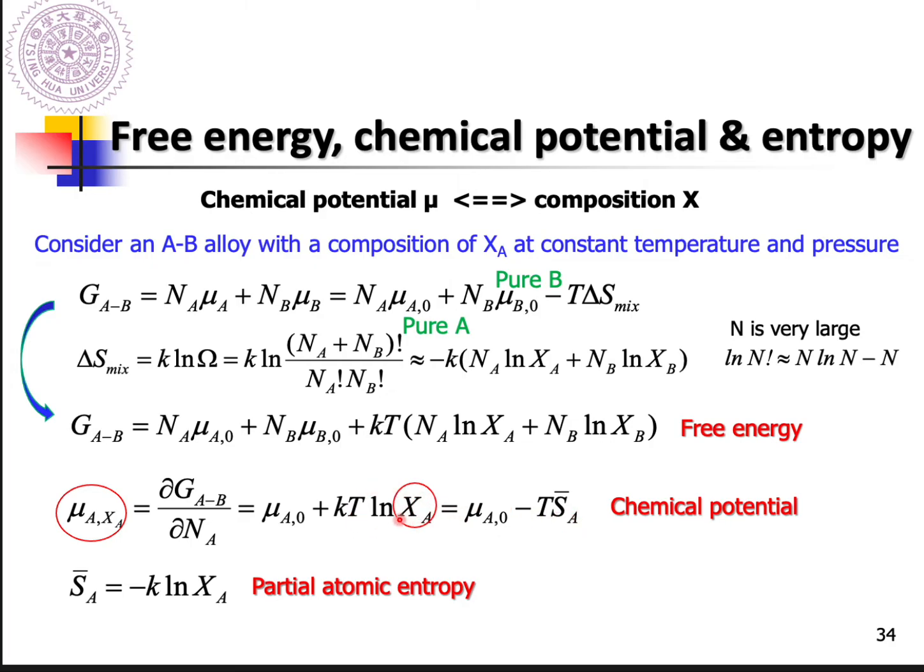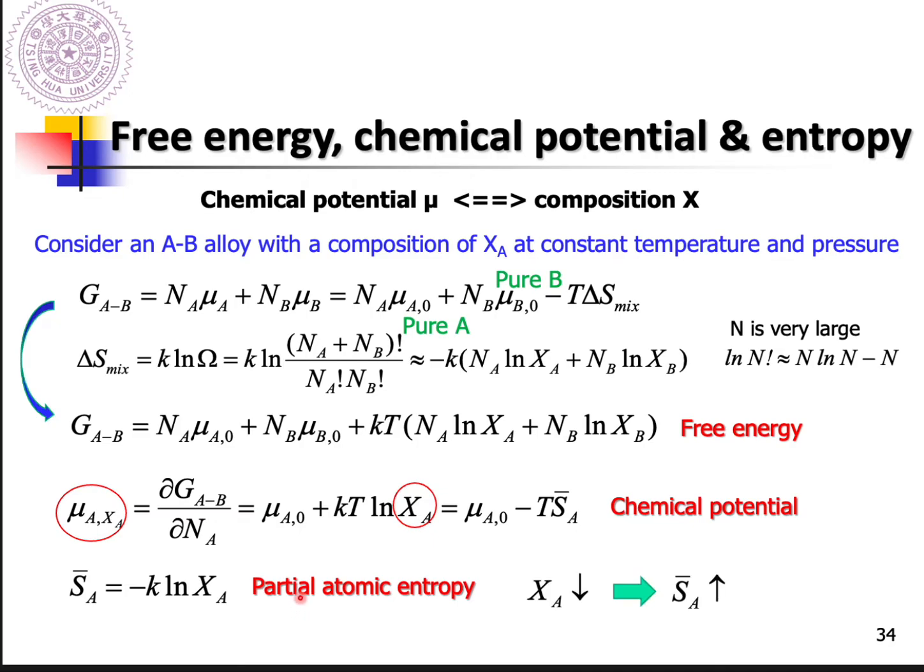This is a negative term with a minus, so minus T Sa bar, so this partial atomic entropy must be positive. And the partial atomic entropy, precisely, is similar to the chemical potential: if you add one A atom, how much the total entropy in your system increases, we call it Sa bar.